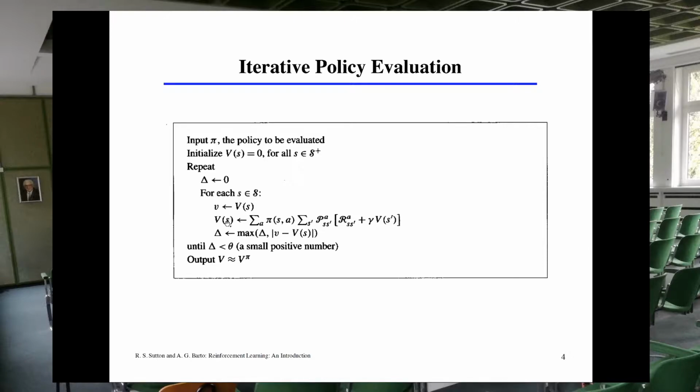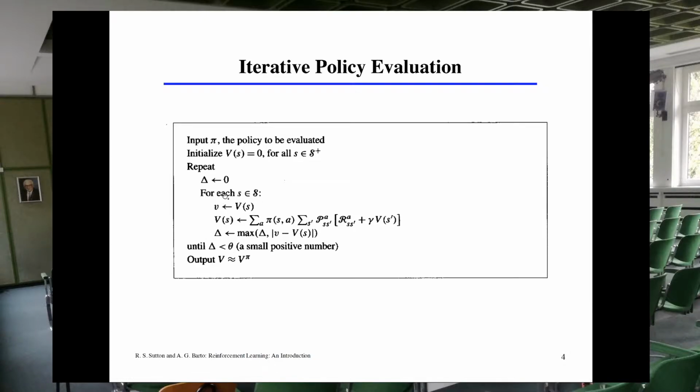You initialize the values, as you can initialize them with 0, and then you just keep applying this rule. Okay. Now the algorithm also has these lines here, this delta, this v here, and this theta, and these are used just to define the stop criteria.